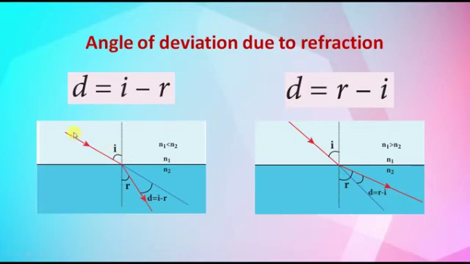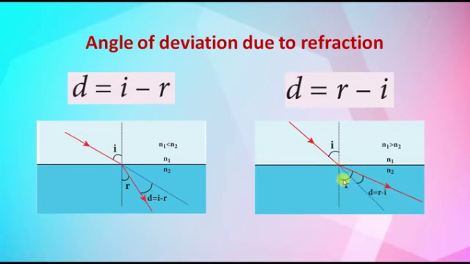First we saw that the light travels from rarer to denser. Here it is denser to rarer. To find it for denser to rarer, we use the formula D is equal to R minus I. So we have seen the formula for the angle of deviation: rarer to denser, D is equal to I minus R; denser to rarer, D is equal to R minus I. We calculate with respect to the normal line.